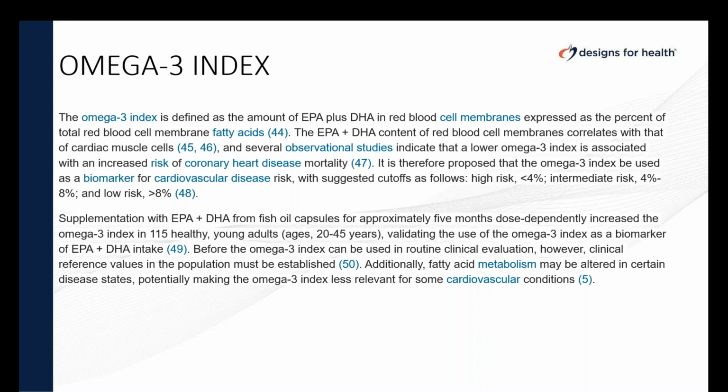The omega-3 index is done even outside of functional medicine. It's in a lot of the functional medicine labs, but I know a lot of family practitioners and primary care docs in the United States that use this test quite often as a biomarker for cardiovascular disease risk factors. So that's another one to know about.